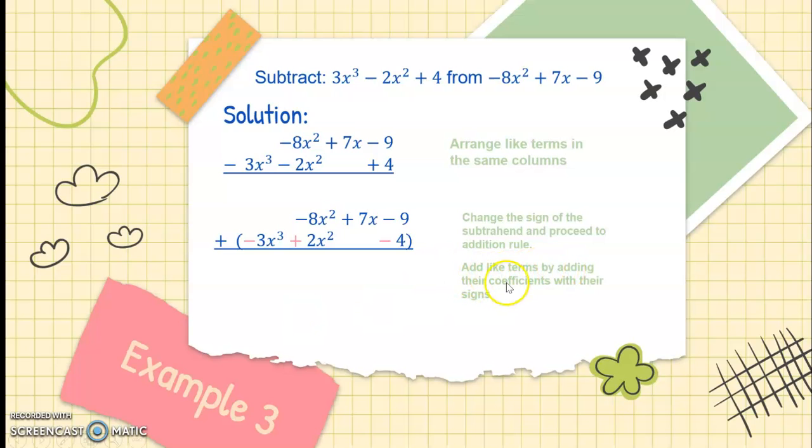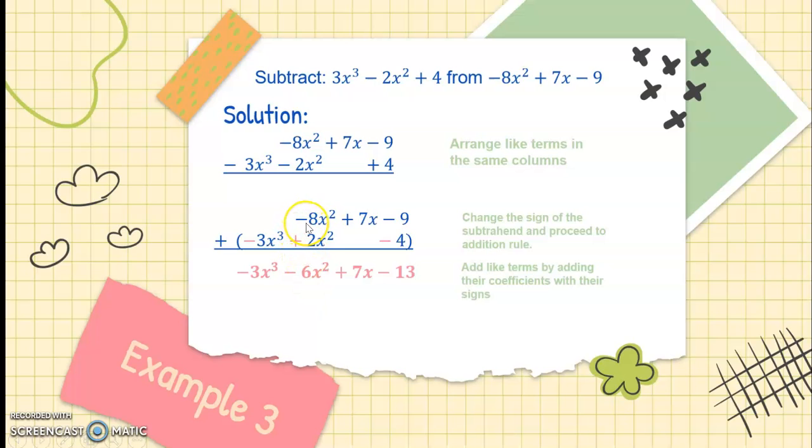We have now, add like terms by adding their coefficients with their sign. So i-add ta lang ang aton nga numerical coefficient. Since again wala partner si negative 3x cubed, ma-bring down lang na siya. And then second, negative 8 plus positive 2, unlike signs, so we have to subtract, 8 minus 2, 6.